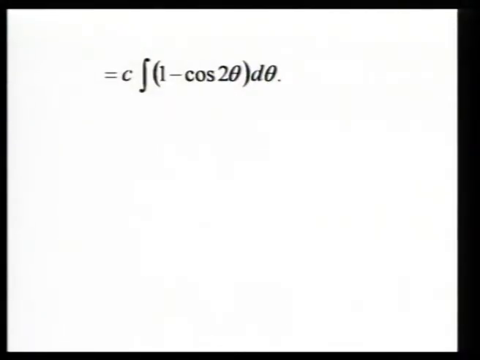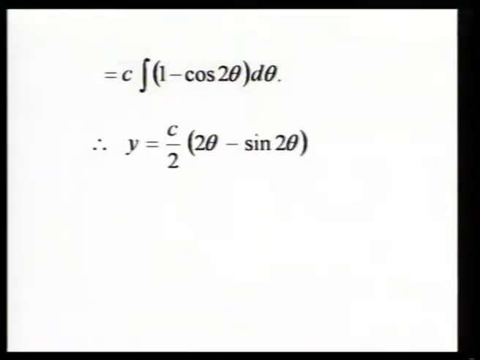So y is equal to c integral 1 minus cos 2 theta d theta. And you can integrate it easily. y is equal to, when you integrate 1 you get theta, when you integrate cos 2 theta you get sine 2 theta by 2. And therefore we write y is equal to c by 2 times theta minus sine 2 theta.